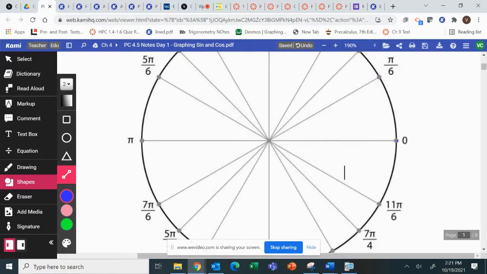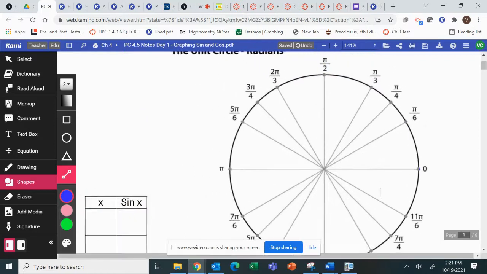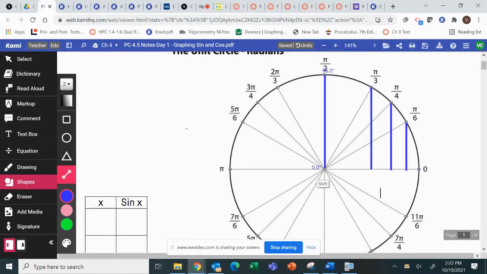Do you guys know what sine of pi over 6 is? 1/2, thanks. All right, and then sine of pi over 4 is root 2 over 2. And the sine at pi over 3 is root 3 over 2. And the sine at pi over 2 is 1.